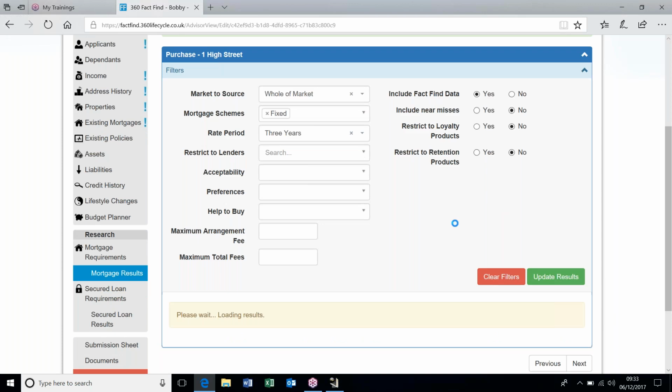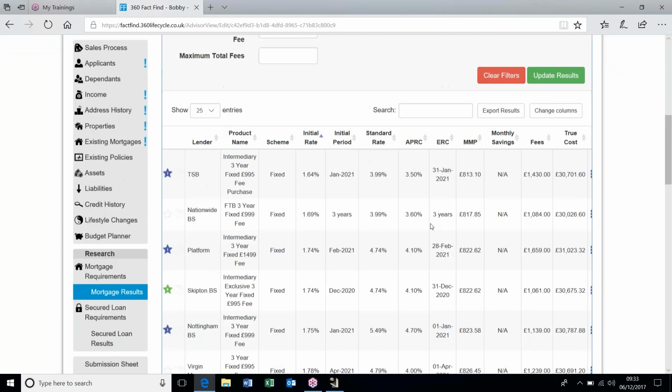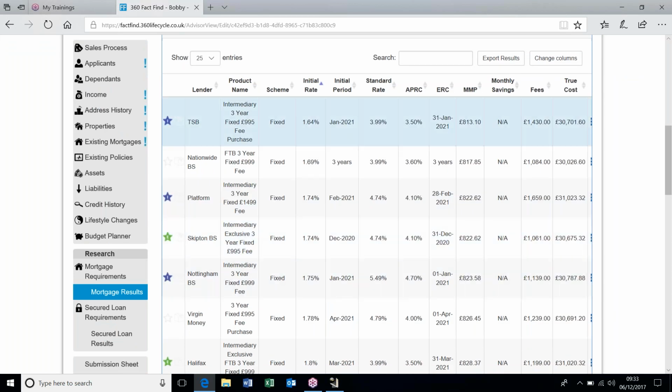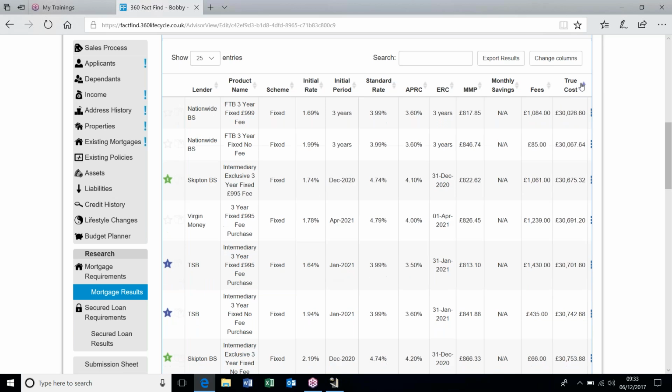how do we then select one to look at further? So next thing to do is to look at your outcomes here, and what I might say is, well, let's go by true cost. So I want to go by true cost. In this case, then I'm looking at possibly Nationwide, who've got a couple of products there. One is a 3-year fix with a £999 fee up front, and one of them is a 3-year fix with no fee up front.